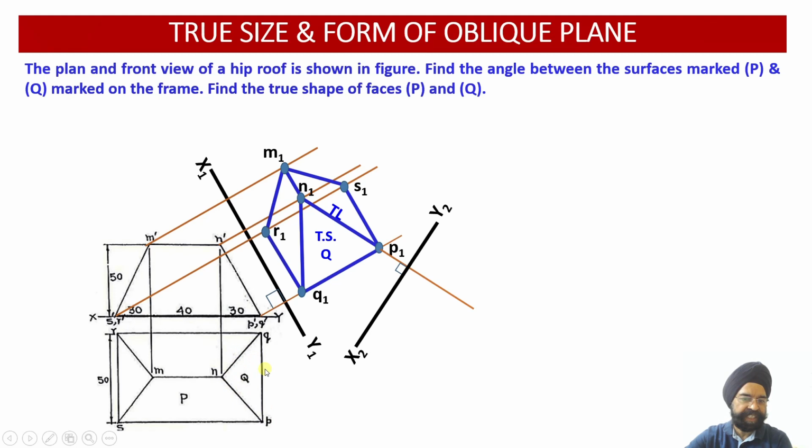So these two edges are not related to surface P. That is why I did not draw a perpendicular line to either of them. So out of these three edges, I am focusing upon this edge NP, because this edge is common to the surface P, which is MNPS.